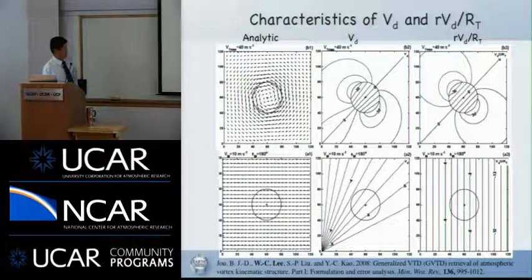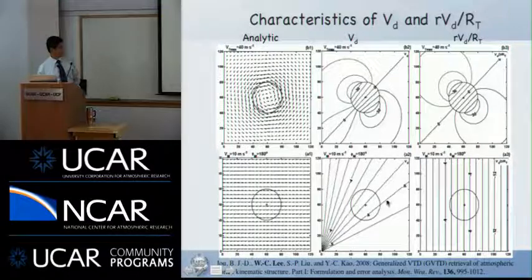About 10 years ago, when we worked on this 2008 paper, we looked at the equation more closely and found that this r times vd, if it is a uniform wind field, in this case an easterly wind from east to west, and the radar is here, then the Doppler velocity is more of a diverging pattern. You have maximum approaching velocity at 90 degrees, maximum receding at 180 degrees, and zero Doppler velocity north and south.